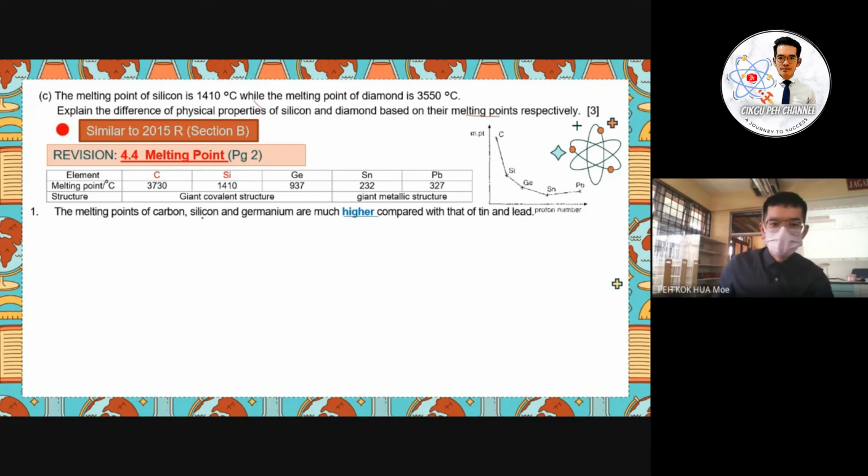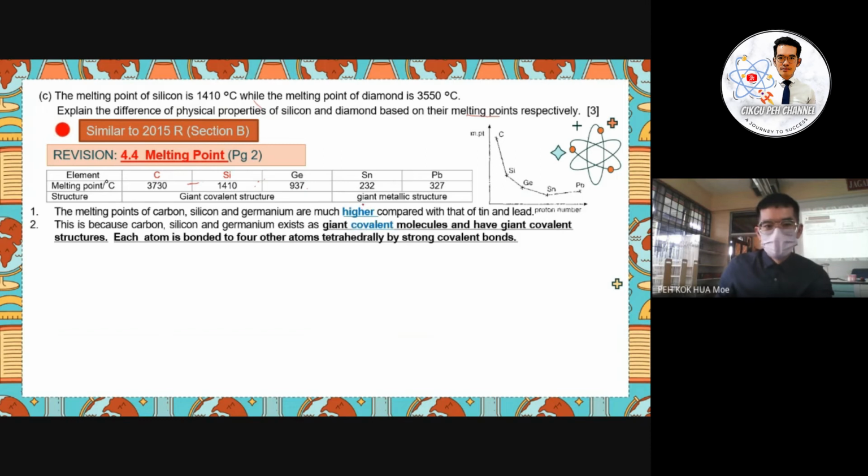The melting points of carbon, silicon, and germanium are much higher because they have a giant covalent structure, compared to tin and lead, which have a giant metallic structure. But here you see carbon and silicon are both in the same giant covalent structure. The common mistake made by students is that they see silicon has a lower melting point and assume that silicon is a simple molecule.